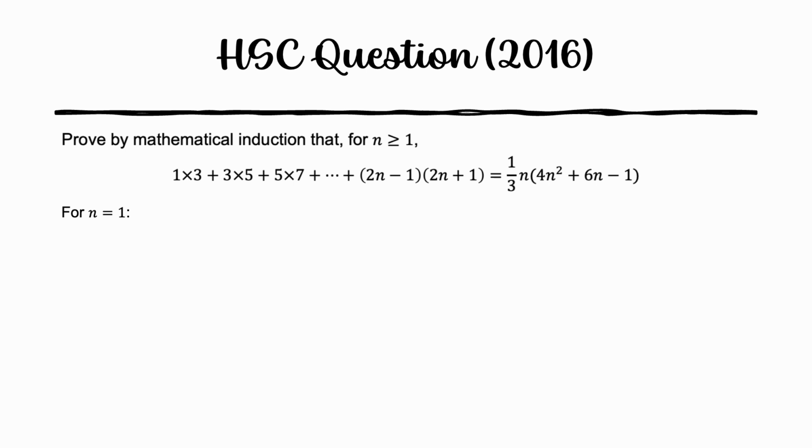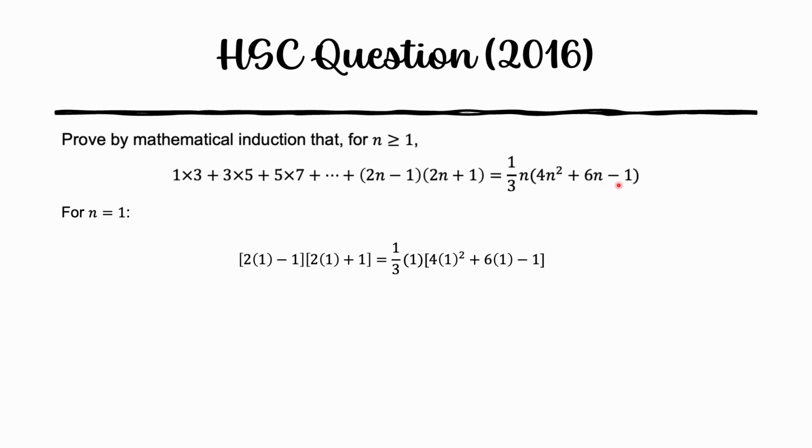So we're going to do it for n equals 1, our first value, to prove it's true for our first value. Everywhere we've got an n, so we've got 2n, we've got 2 times 1 minus 1, and then the 2 times 1 for the 2n plus 1, equals 1/3 times 1, times 4 times 1 squared plus 6 times 1 minus 1.